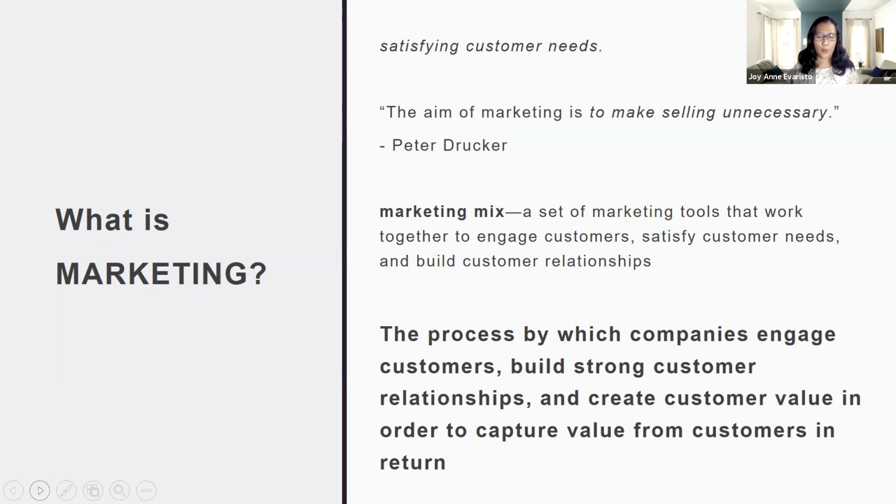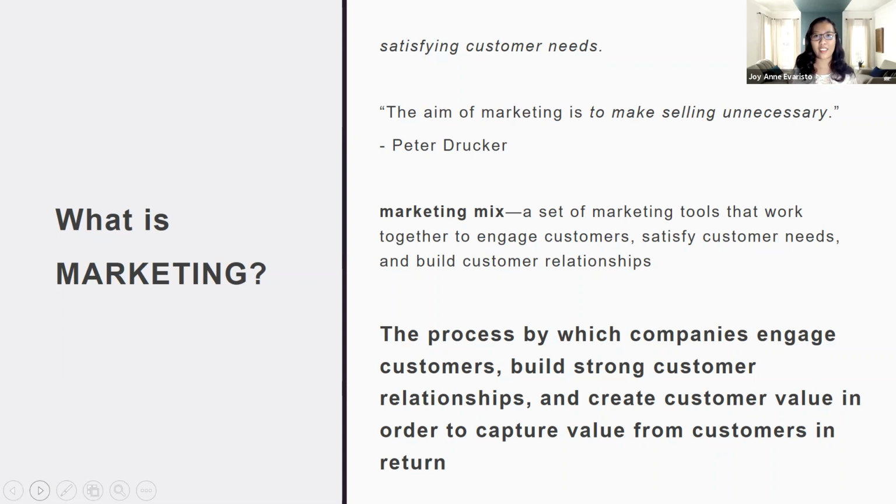If you look at these two goals, you would immediately realize that the center of marketing is who? The customers. As marketers, we need to know our customers, because when you know your customers, you can engage them effectively.